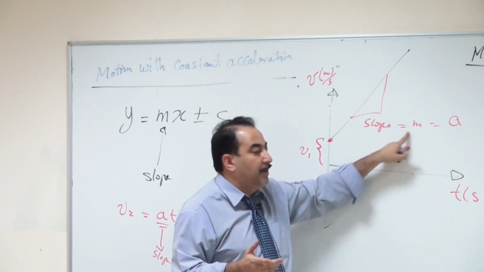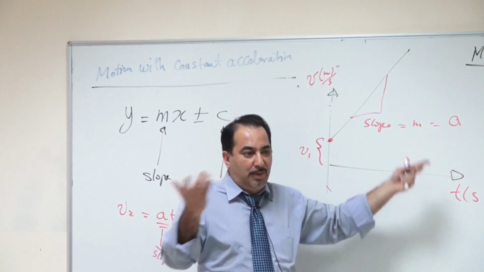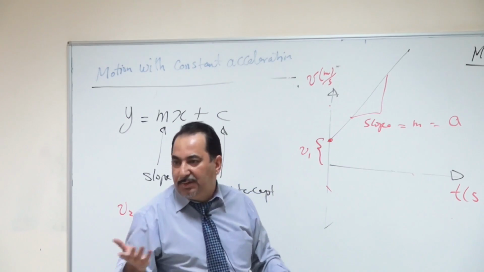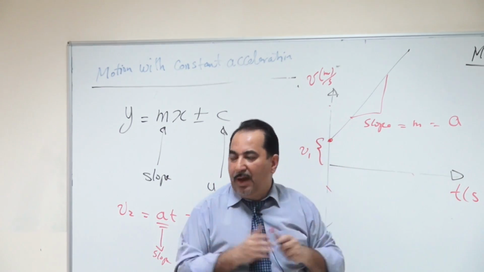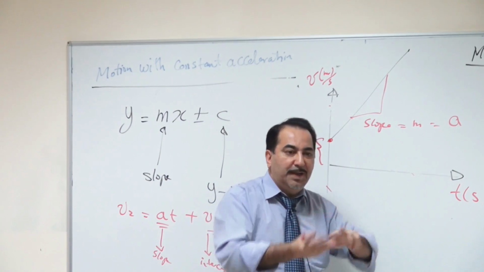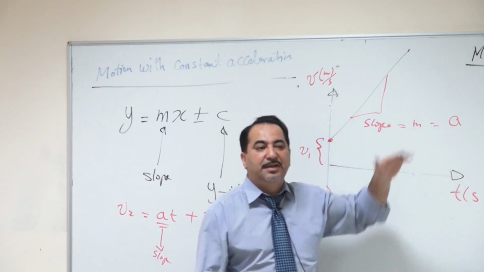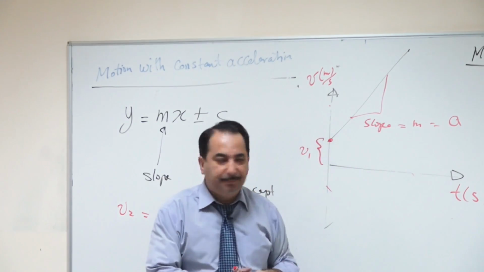How many slopes do you have in a line? One slope. So here a is constant but has one value, which is the slope. And this slope could be positive or negative. At the moment, acceleration is positive to the right, but if it's that way, negative to the left.